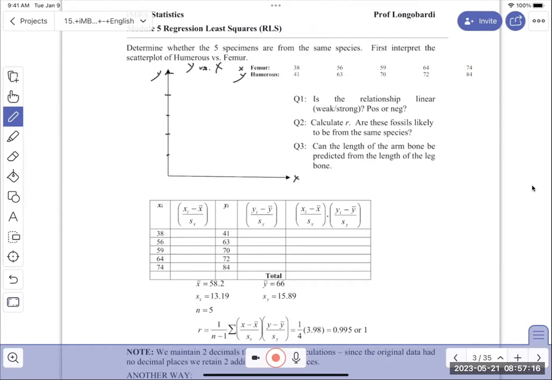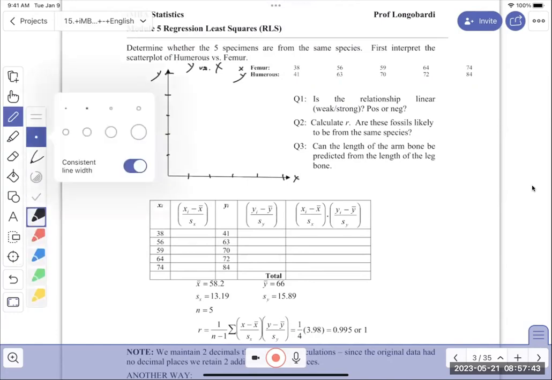I did, because I was talking about X. So 40, 50, 60, 70, 80. You can have grid graph paper if you like. You can use a ruler. And then the humerus is between 40 and 80 again. So I have the same scale.